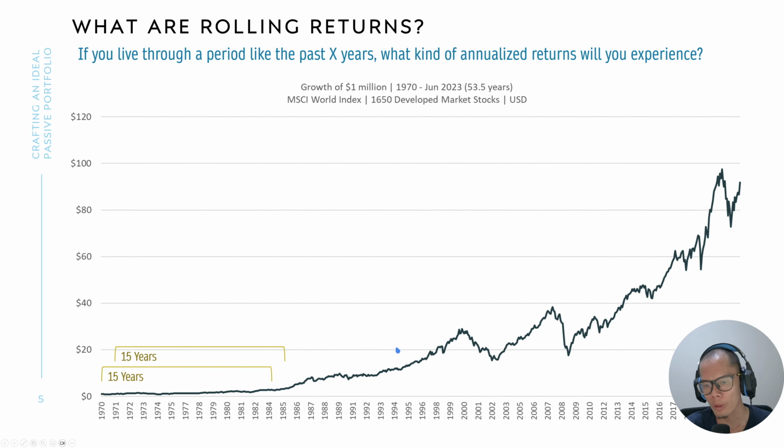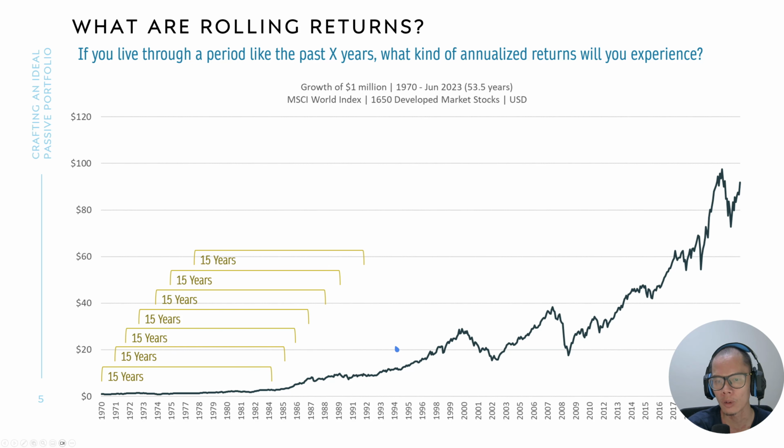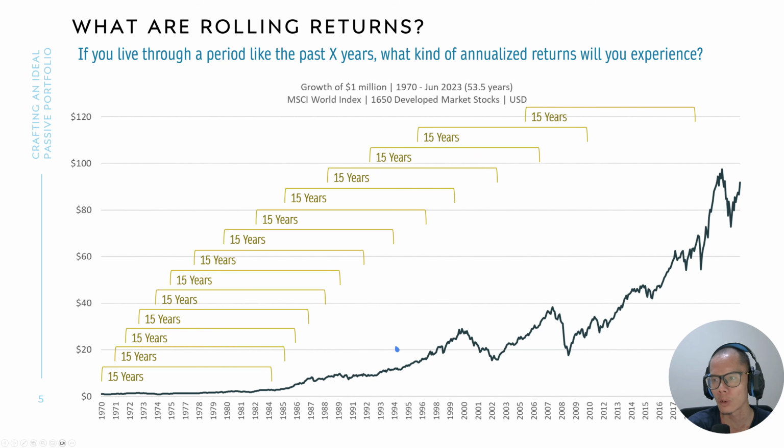We can roll it year by year or month by month. So in this case, you might be afraid that you live through a certain 15-year period where the returns are just good, and then in another time period the returns for this index might not be so good. So this is what we're going to profile today, to see how things are.